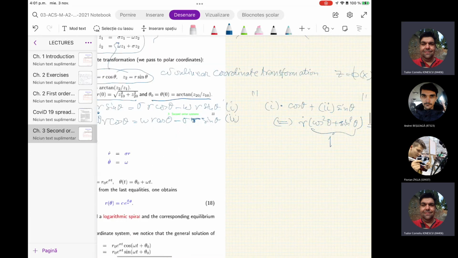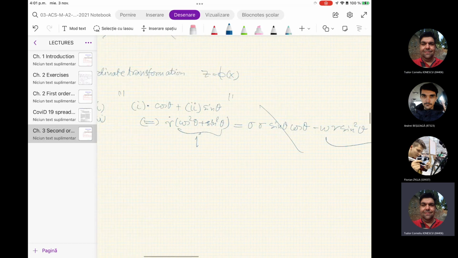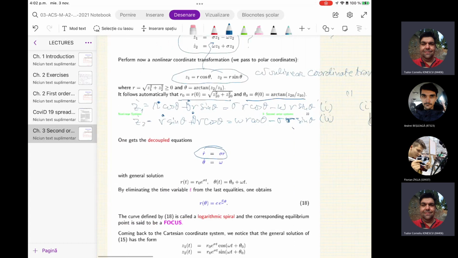There is a mistake somewhere. So this goes away. Because you should also get sine squared plus cos squared. But I made a mistake somewhere. So you multiply the first one using cos.